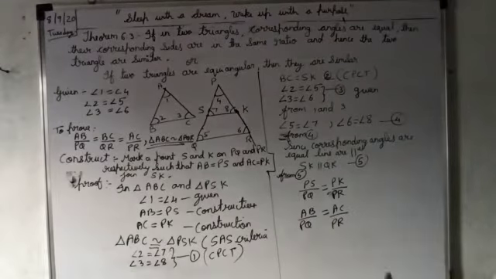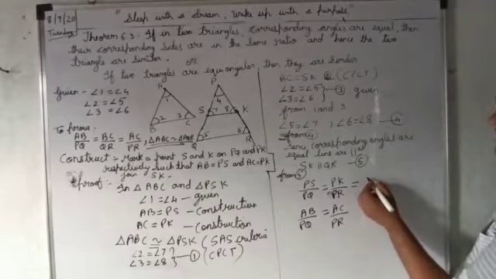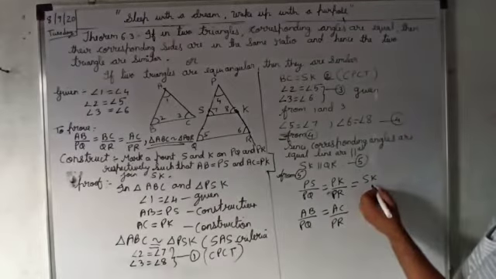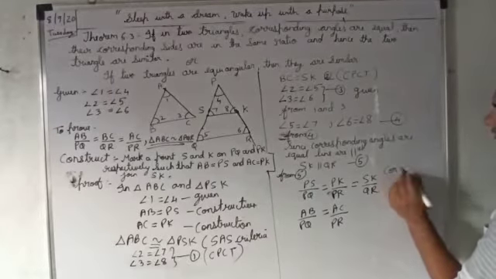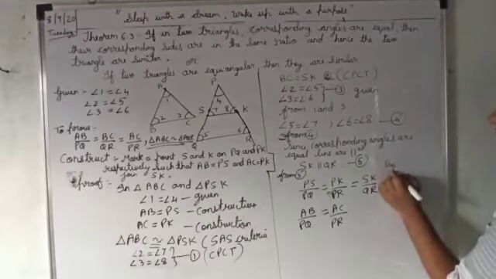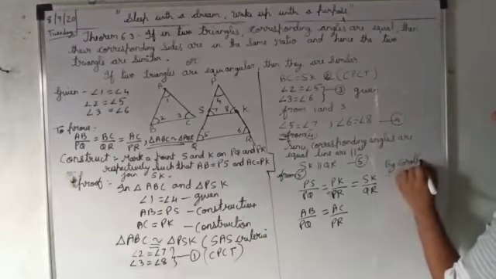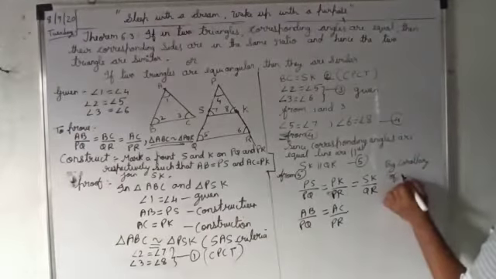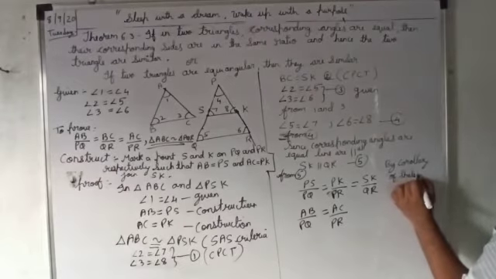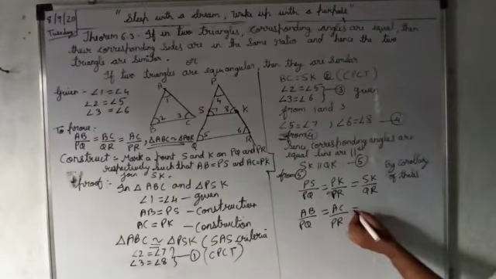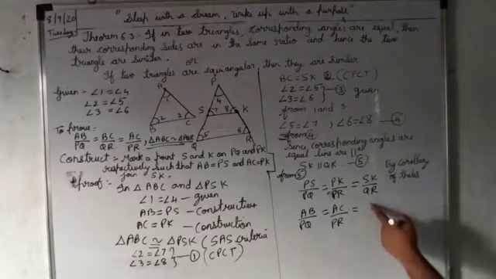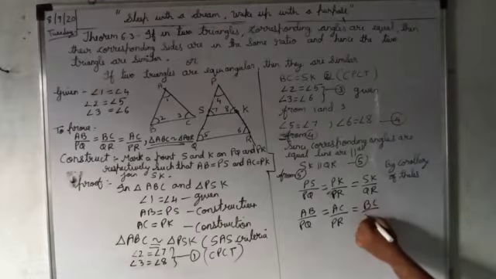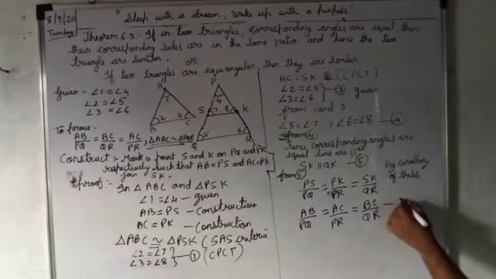And we can also take SK upon QR, by the corollary of Thales. Instead of SK, you will get BC, so BC upon QR. Name this as 6.